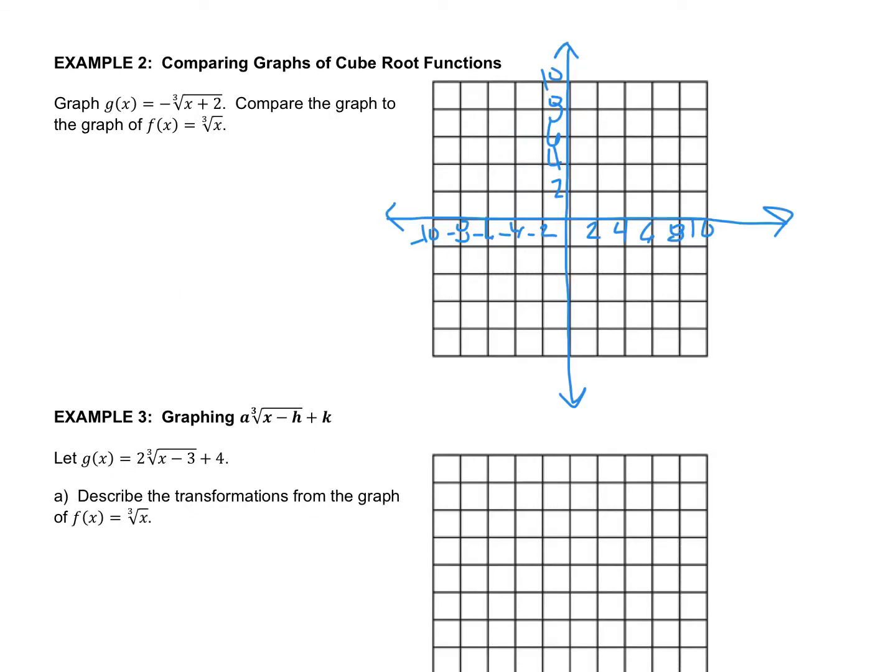For example 2, we're going to graph g of x and then compare it to the f of x parent function. I set my graph up this time with 2s on both the x and the y. Here again, we want to be careful when we're setting up our table. We want that radicand to become a perfect cube.